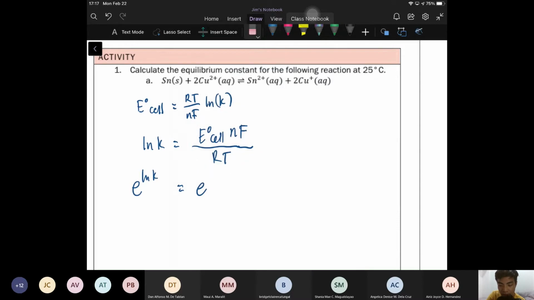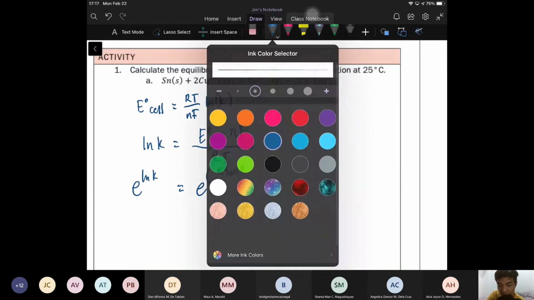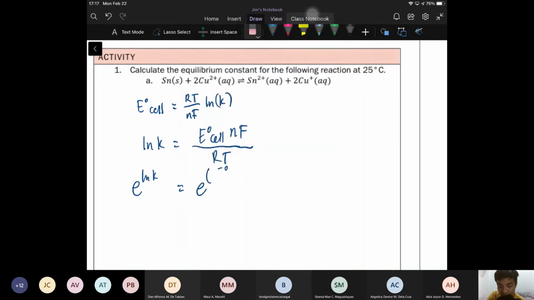Okay? So, gagawin mo siyang exponent ng exponential function mo. That will be E naught cell NF divided by RT. Okay?